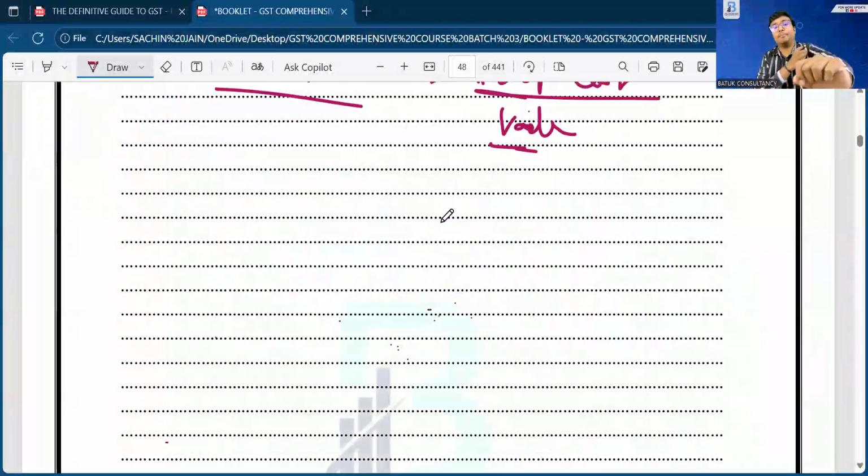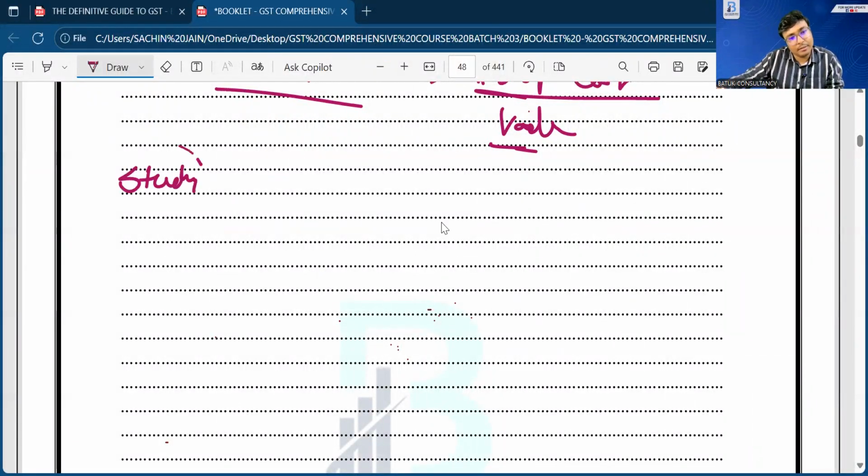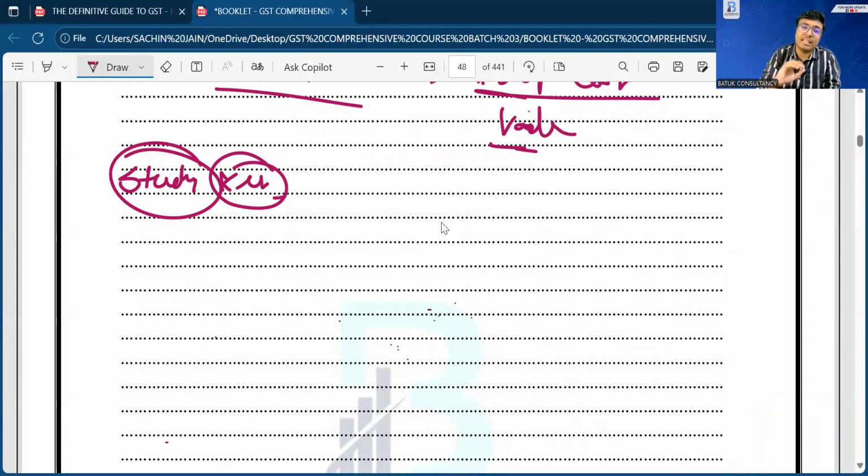Example, suppose sir, I am making the supply of a study kit. Okay, and suppose, as the government has exempted the same, but suppose that study kit is taxable. And that study kit has been designed by Mr. Sachin only, the same is not available in the market, so open market value will not be available.